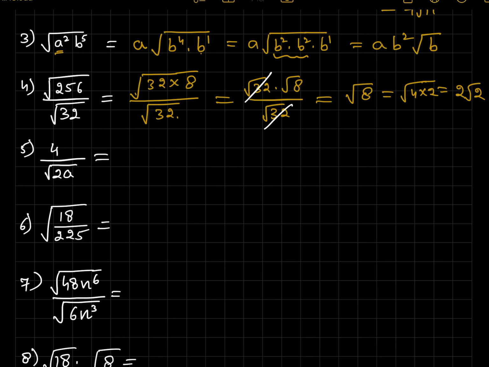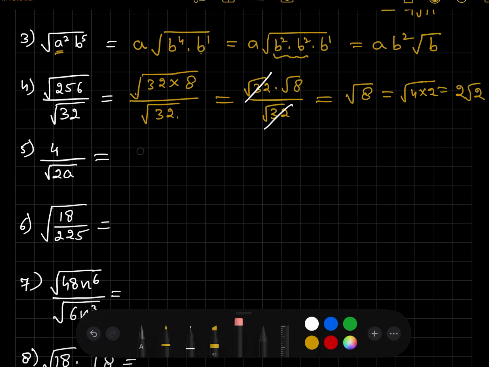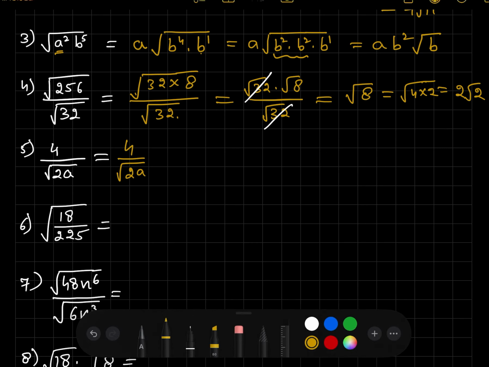Okay, now coming to the next one. One more thing: we never leave our answer with a radical sign in the denominator. So it is 4 over square root of 2a. What we will be doing is rationalizing it. To rationalize, we multiply up and down by the square root of 2a.